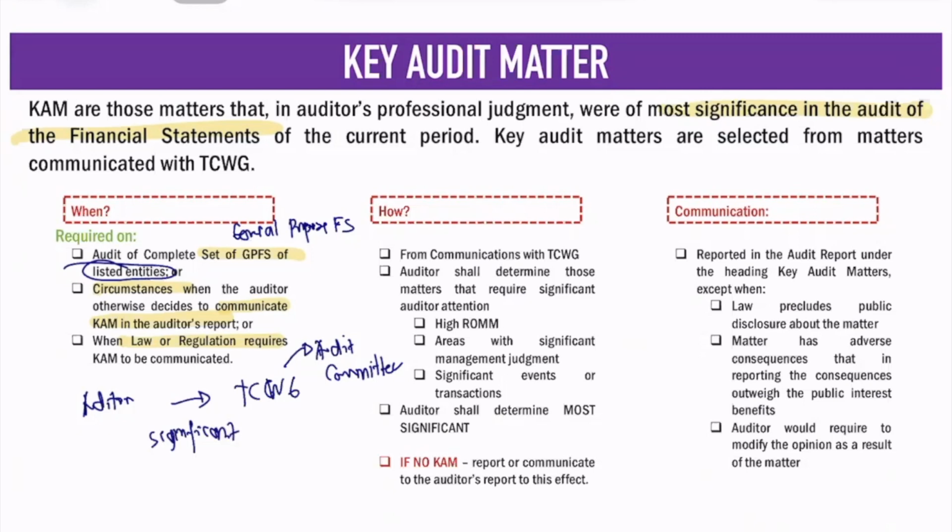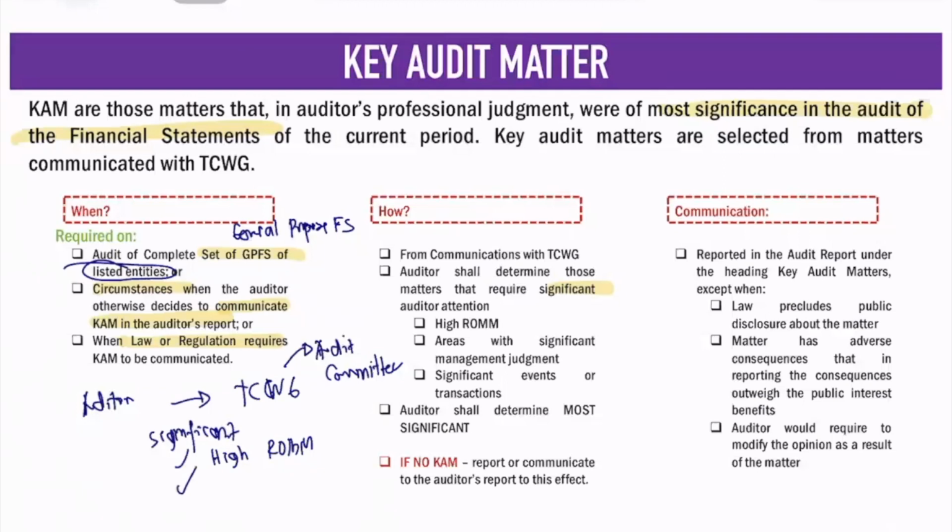You look into those significant items. And how do you look into those significant items? If ever that particular item communicated has a high risk of material misstatement, or there is a significant risk of material misstatement, then it can be considered significant.